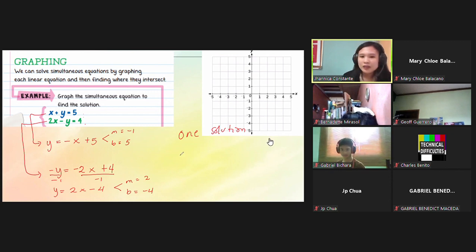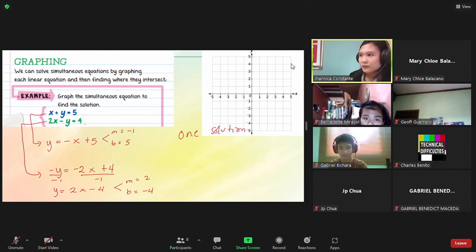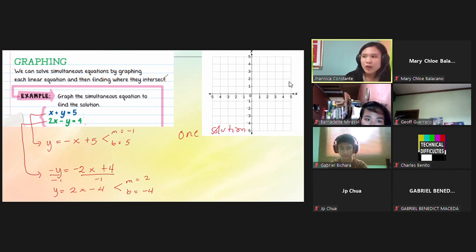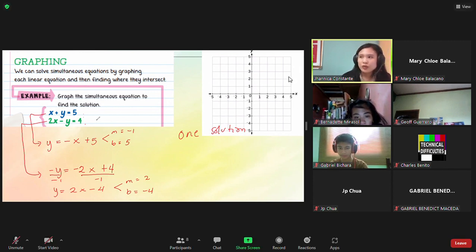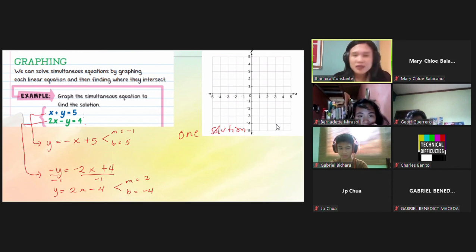So you have an intersection point, or intersecting lines, as the graph of our simultaneous function. Since you have one solution, the intersection point of the two graphs is the solution of our simultaneous function.